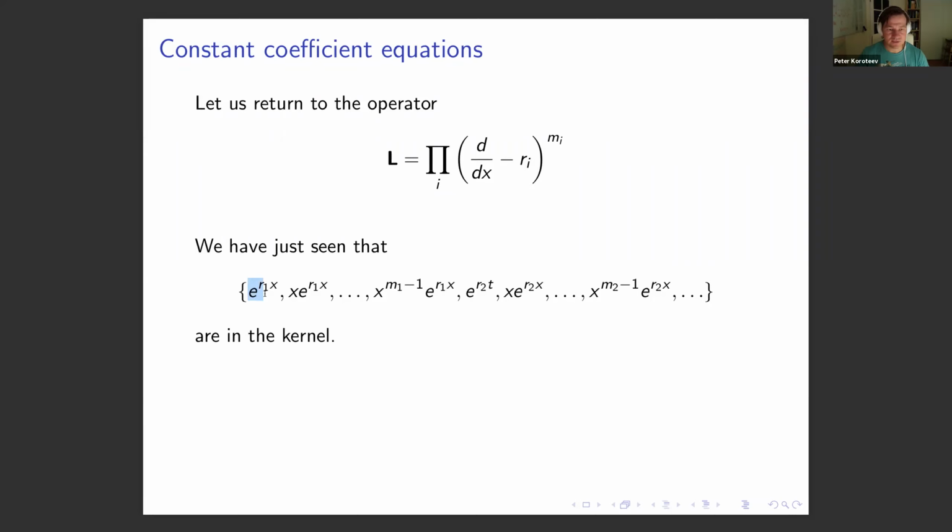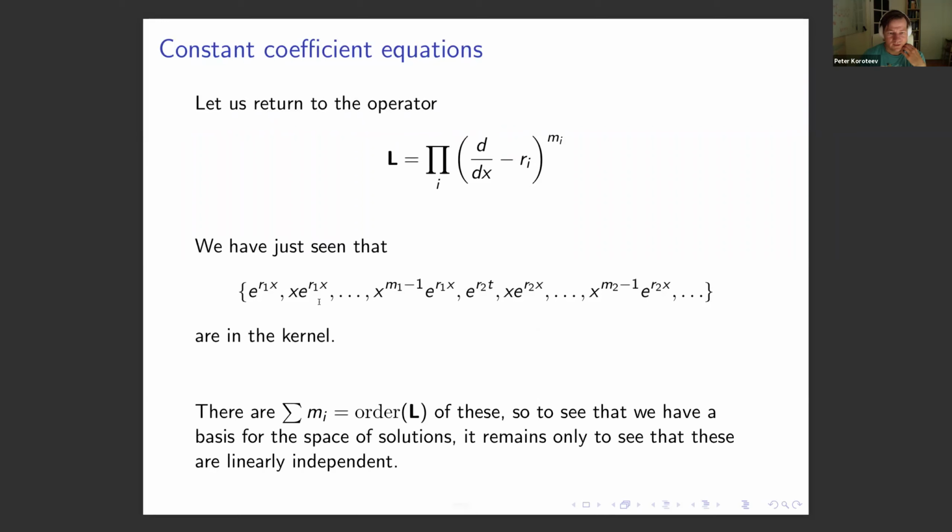This is the first group of elements, like basis vectors in the kernel. Then there'll be a second group here, and so on. There'll be as many functions as the multiplicity, and then you write them all together in one set. So these functions form the kernel, and the total number of them is equal to the order of the differential operator.